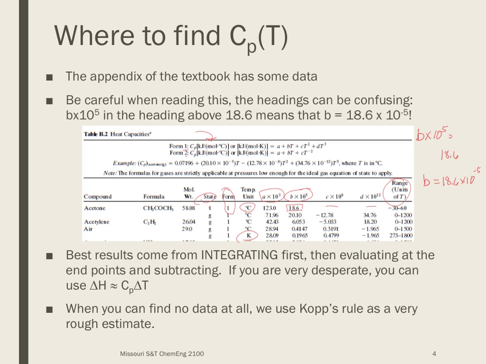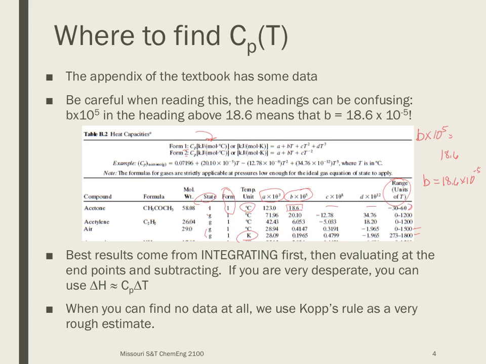Sometimes it's for liquid, sometimes it's for gas, and substances that can have two different states will have one for each. For others, such as air, we have it only as a gas, but there are still two equations. One's in degrees C, one's in Kelvin, and they cover slightly different temperature ranges. They overlap, but really it's based on which temperature units you want.